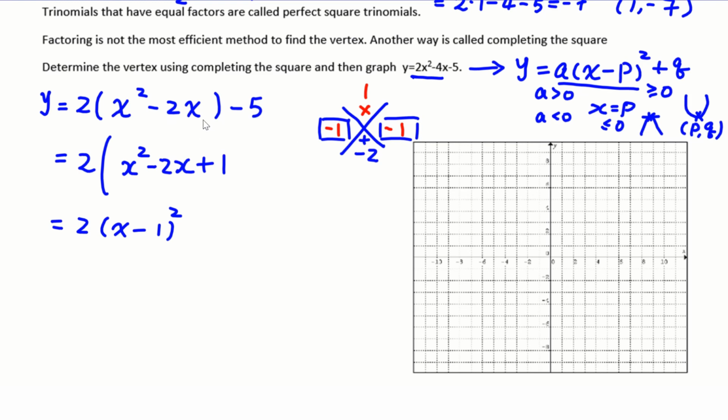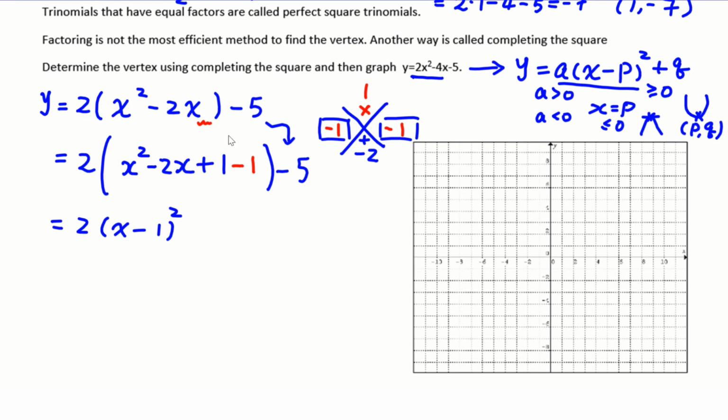But in the bracket, we have no constant here, so we need to subtract 1 to make it equal 0. Then inside the bracket is same as before, so it's equal to 0. So make sure if you add something, you need to minus something. Then we copy this -5, the constant outside, down. Then double check your expression is equal to the original expression.